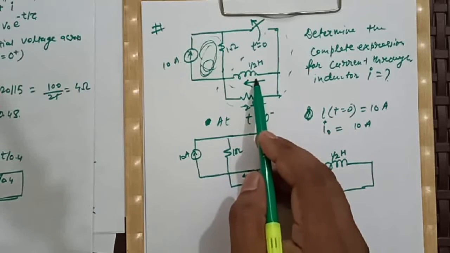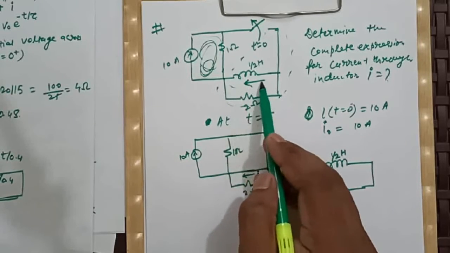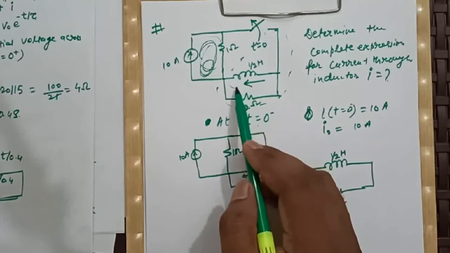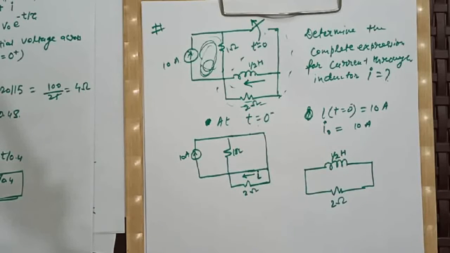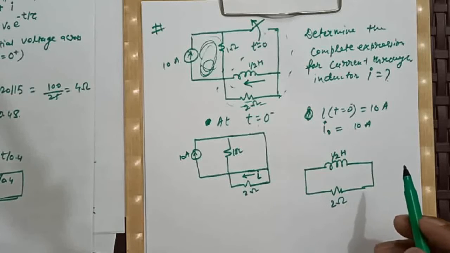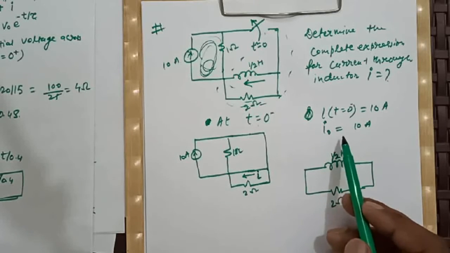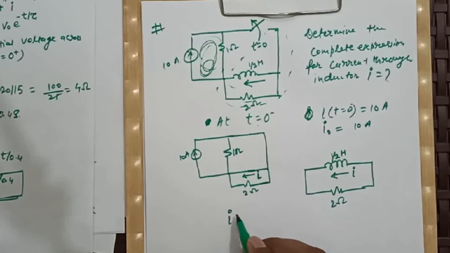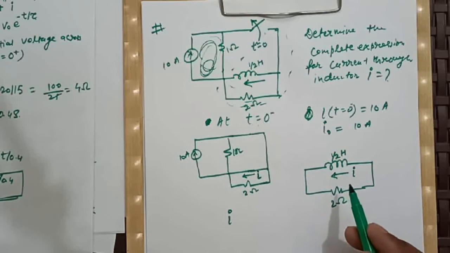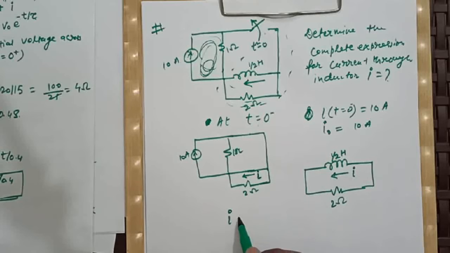And whatever current is stored in this inductor will get dissipated in this 2 ohm resistor, right? Now in this circuit, we have to find the expression of I. Since this is a source free first order RL circuit, the current expression will be I naught e to the power minus t by tau.